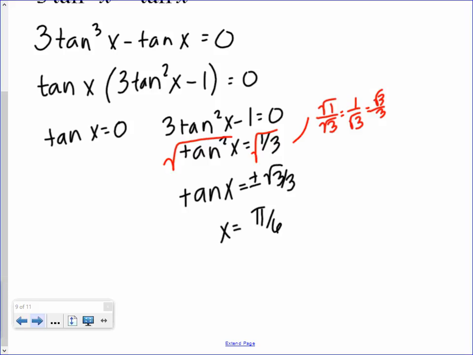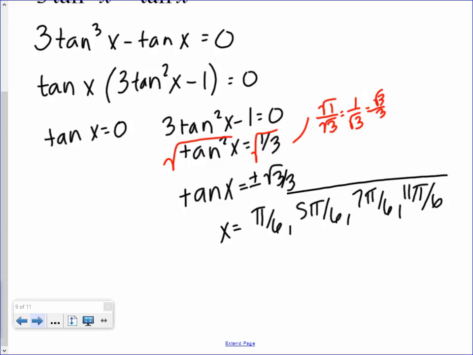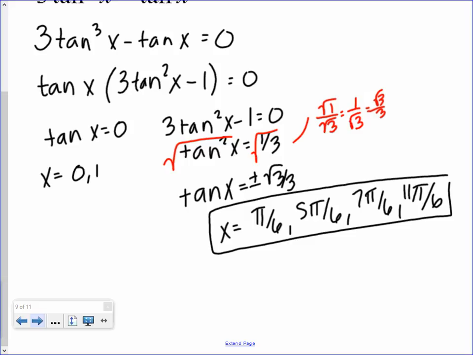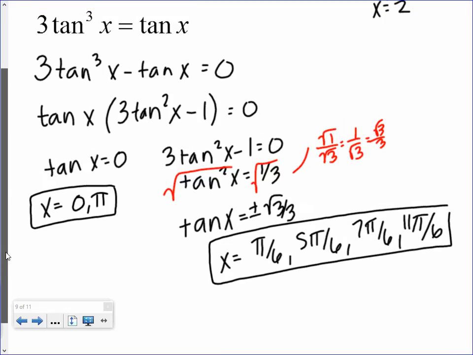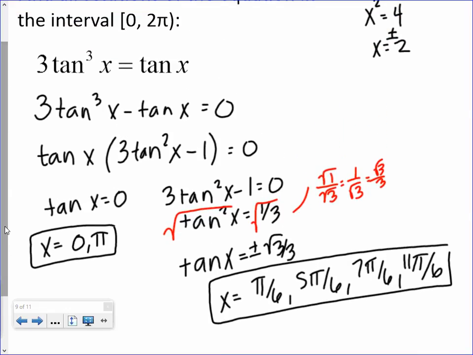Pi over 6, 5 pi over 6, 7 pi over 6, and 11 pi over 6. That pi over 6 family. Okay, it's going to give us 4 answers for that one factor. And what angles have tangents of 0? 2 pi and pi, but we're going to write 0 and pi, because if you look back at our directions, 0 is inclusive, 2 pi is exclusive.